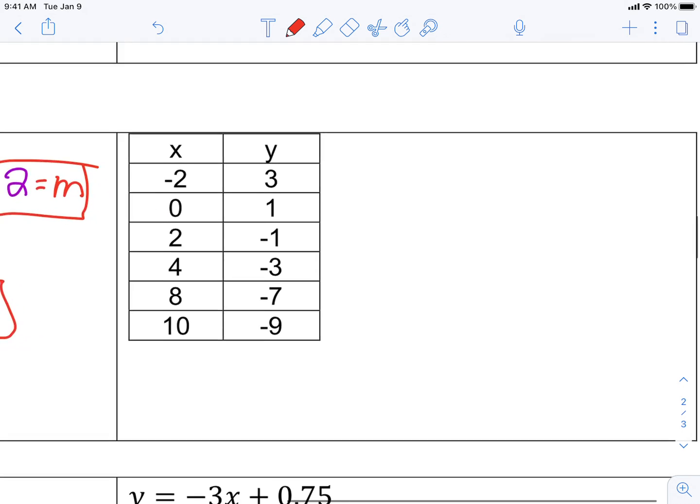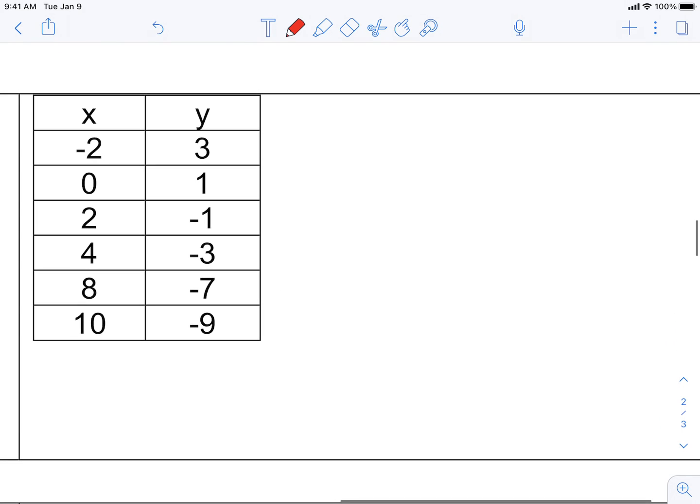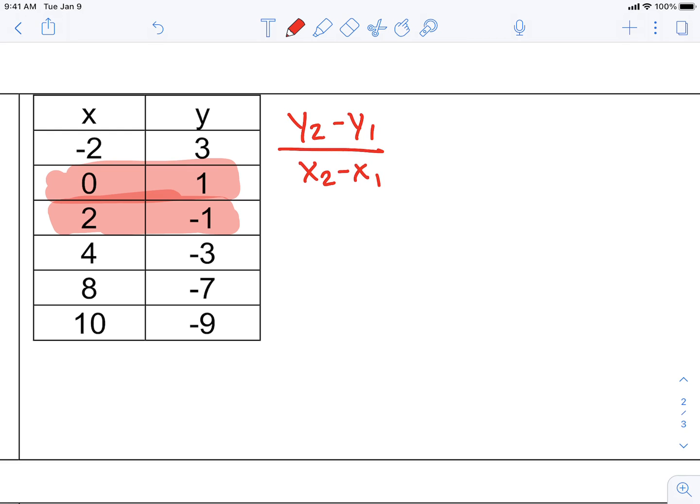Okay, so go ahead and pause this and try this table on your own. Okay, so I'm going to pick the point, let's see, 0, -1, and let's just do the one right next to it. Okay, so again, my formula, y sub 2 minus y sub 1 over x sub 2 minus x sub 1.